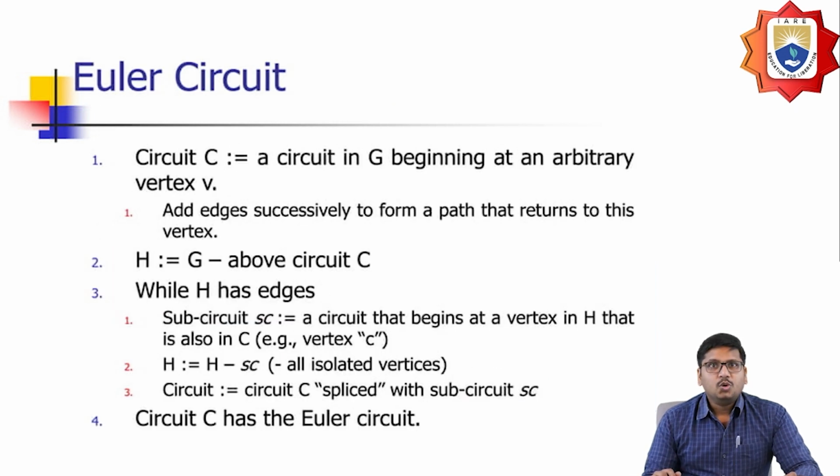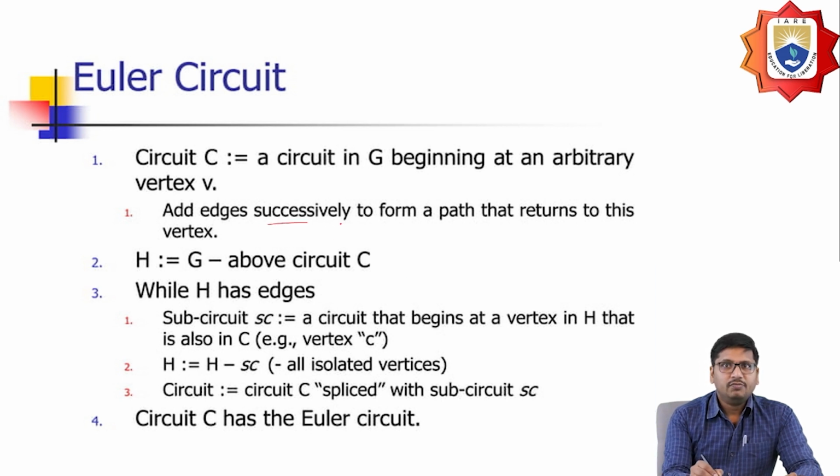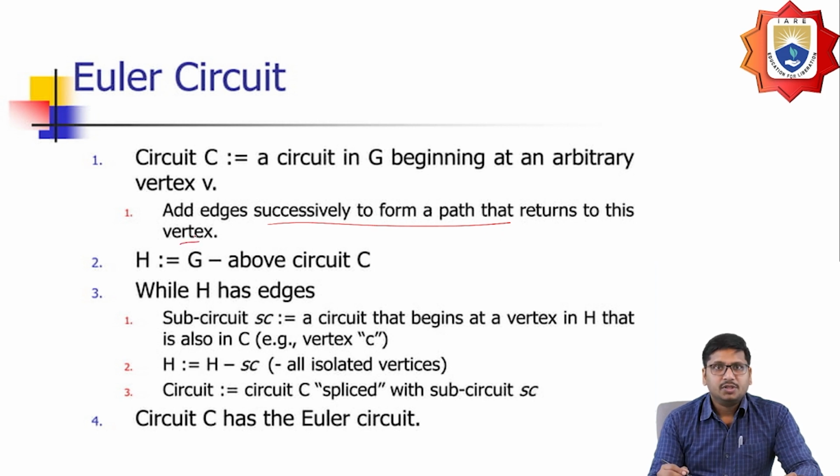An Euler circuit is defined as the circuit C: a circuit of G beginning at an arbitrary vertex, then adding the edges successively to form the path that returns to this vertex. And this one should be obtained from G minus the above circuit.